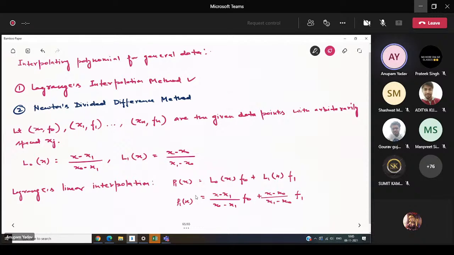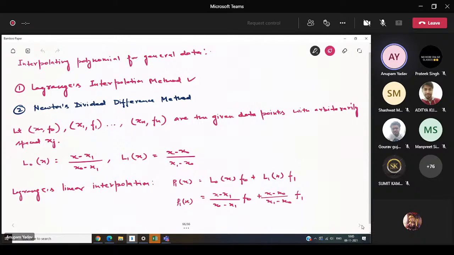So basically it is nothing but a line passing through the points x naught, f naught and x1, f1. So that is why we are mentioning it as a linear polynomial. So this p1x is nothing but the line joining the points x naught, f naught and x1, f1.